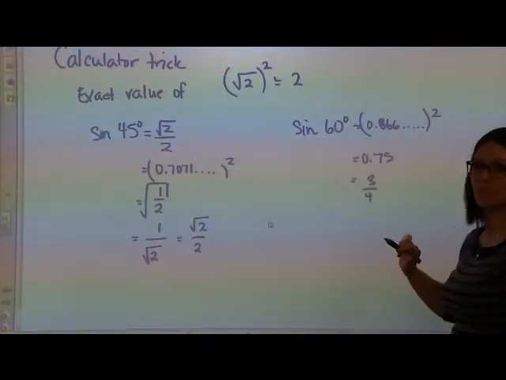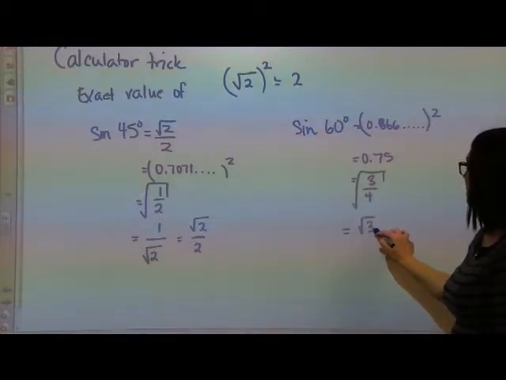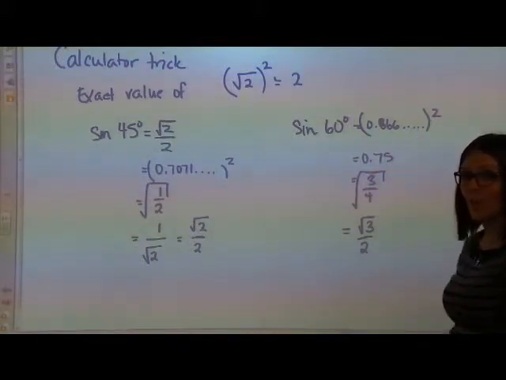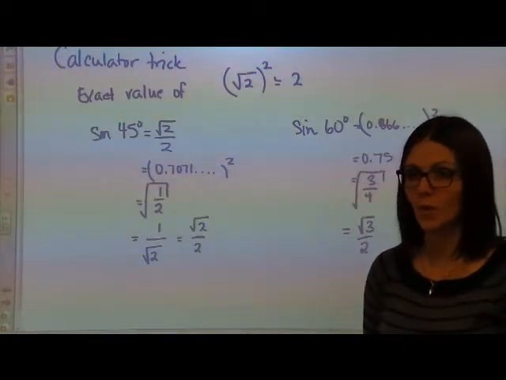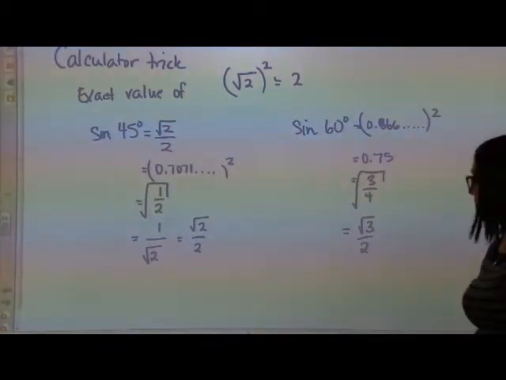And then what do I have to do? Which gives me root 3 over 2. You no longer have to memorize those ratios. Chances are you use them often enough, you'll remember as soon as you see 0.8660, yeah, that's the root 3 over 2 one. Because you'll work with it often enough.